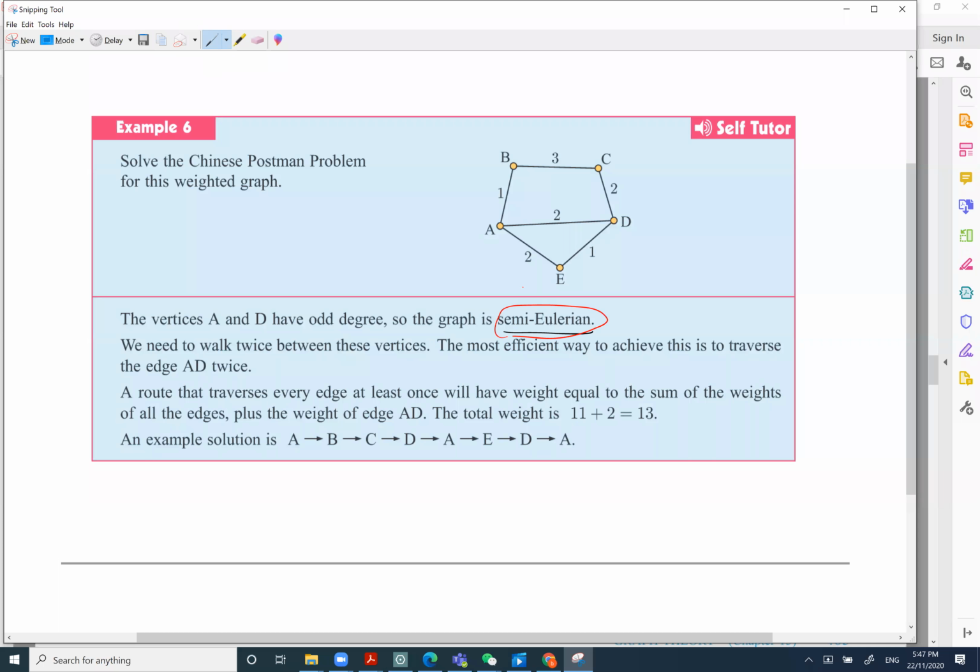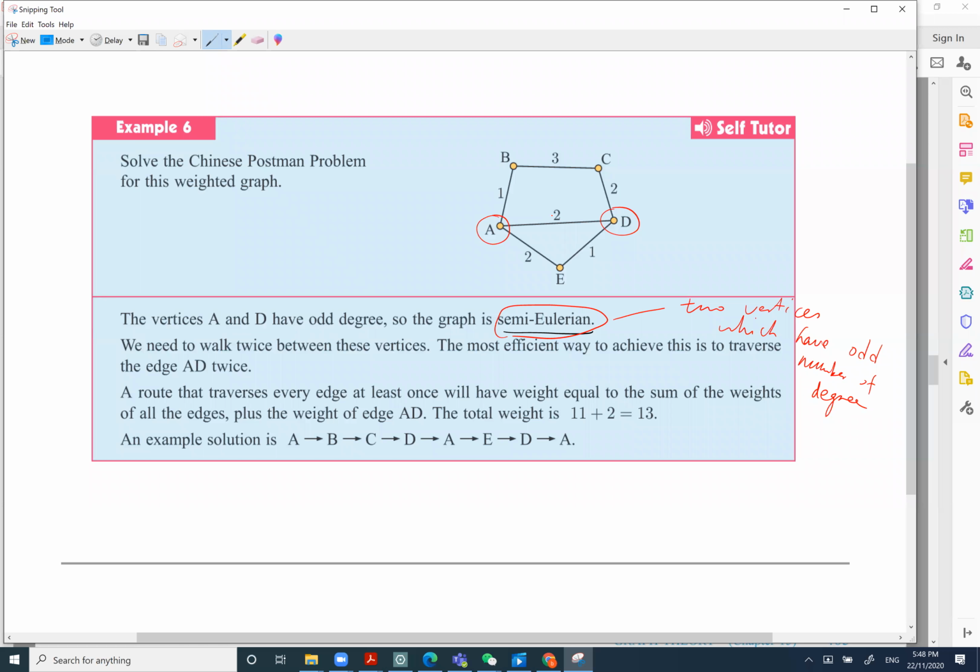This one just means you have two vertices which have an odd number of degree. The degree just means how many edges connect to it. A and D have an odd number of degree.